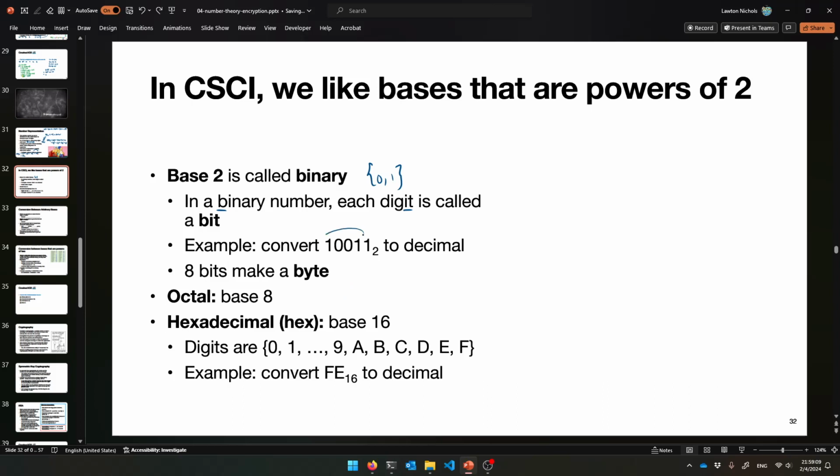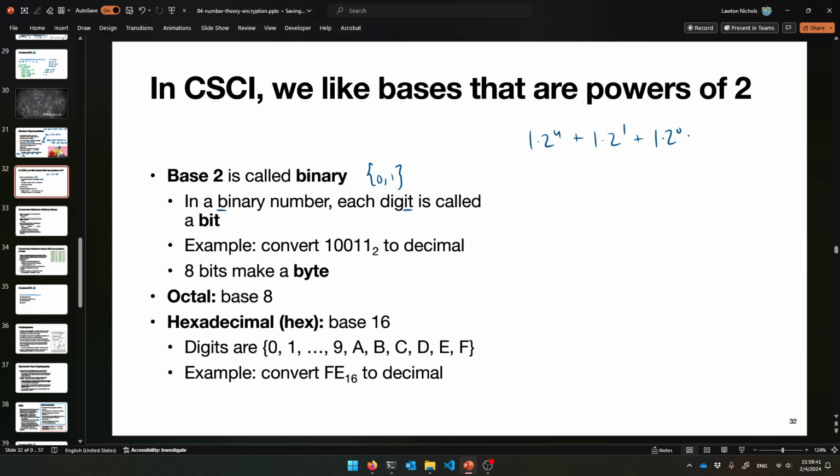So this, for example, is a 5-bit number. It's got 5 binary digits, and it's a base 2 number. All right, so let's convert it to decimal using the same idea that we were talking about before on this slide. So this is going to be 1 times 2 to the 0 plus 1 times 2 to the first plus 0 times 2 squared plus 0 times 2 cubed plus 1 times 2 to the fourth.